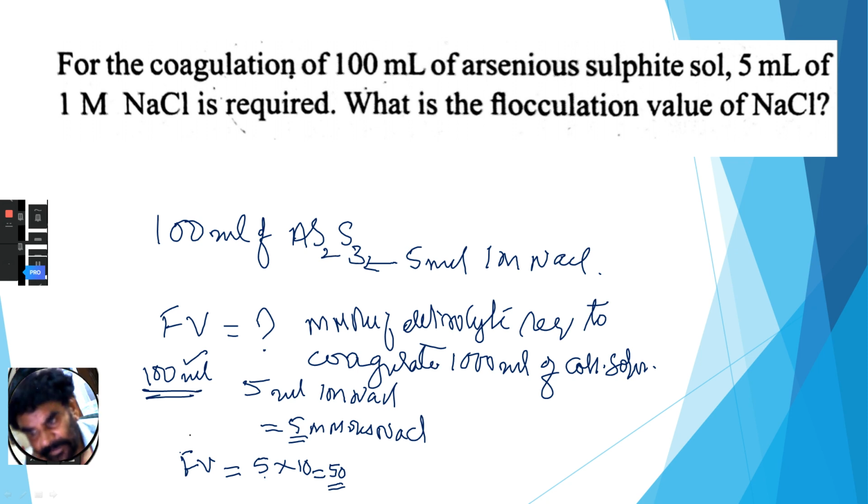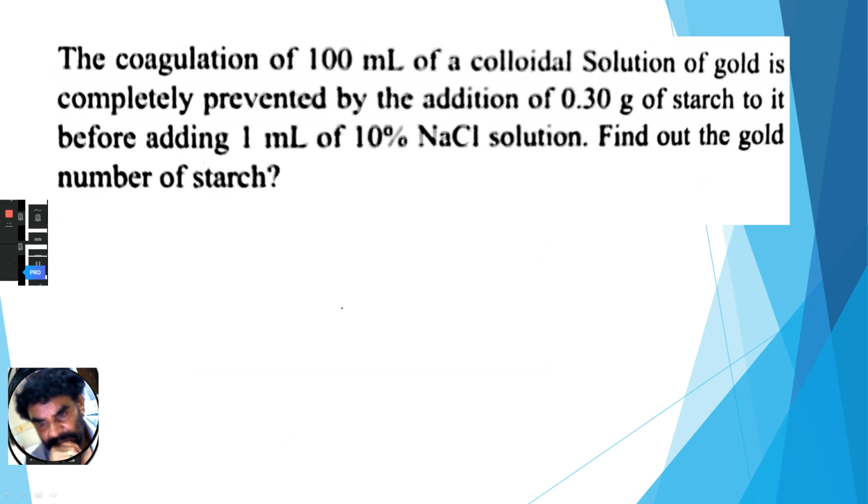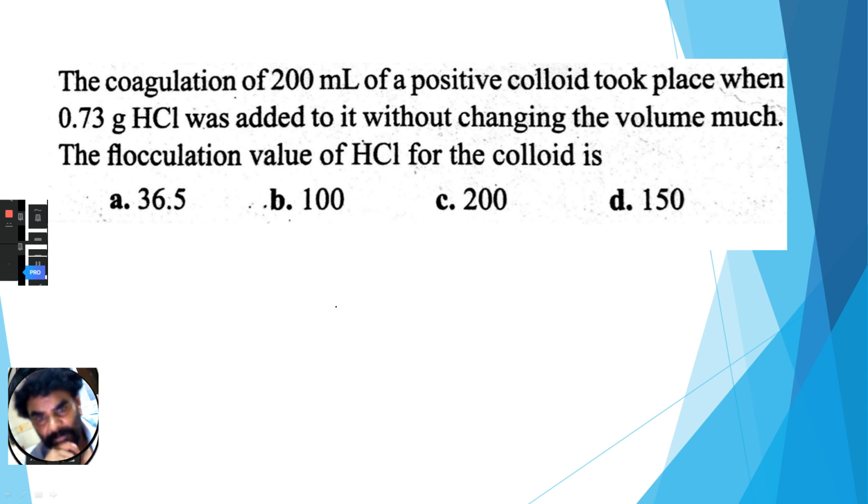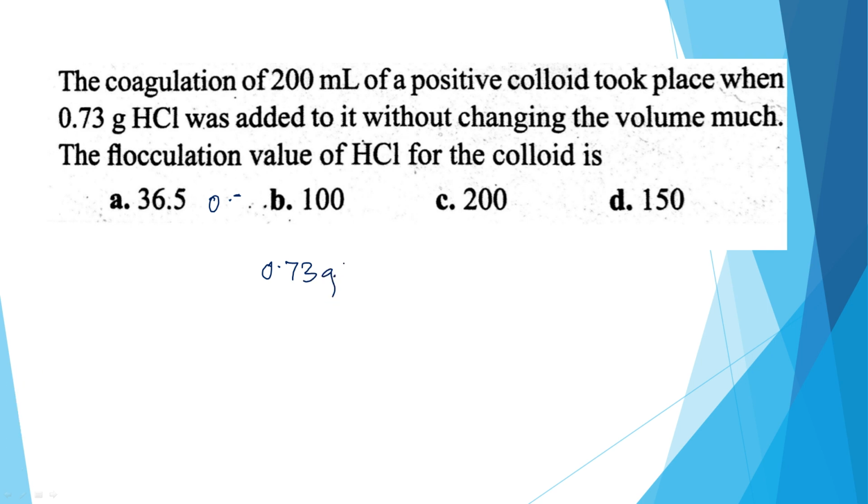Now, see, a positively charged colloid. The coagulation of 200 ml of the positive colloid took place with 0.73 grams of HCl.